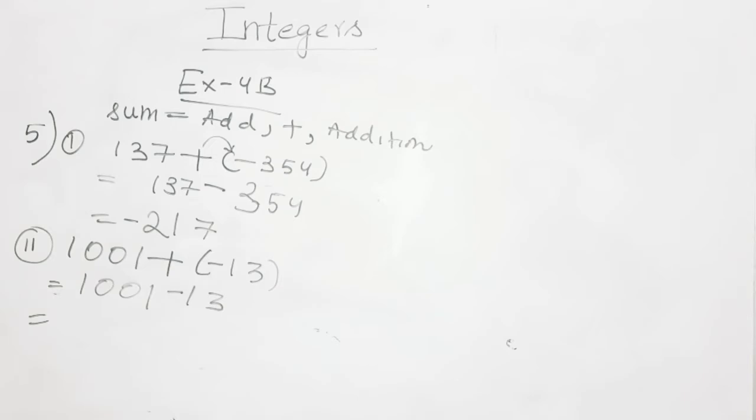The greater number has a positive sign. So once I subtract 13 from 1001, what am I going to get? I am going to get 988. You can subtract and check. All the answers are correct because I have also checked them.